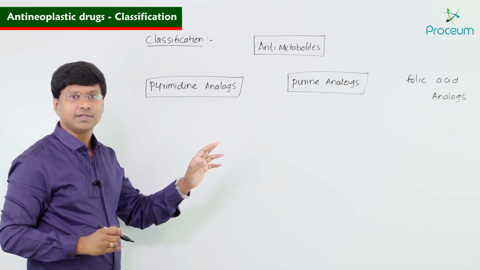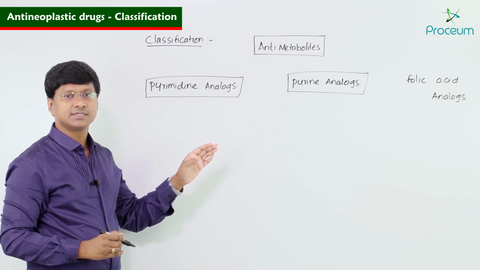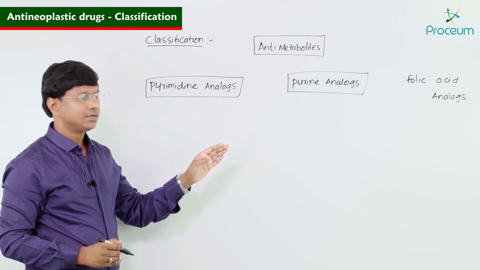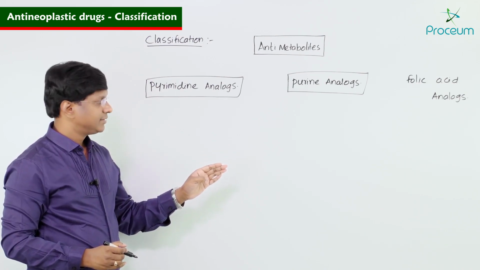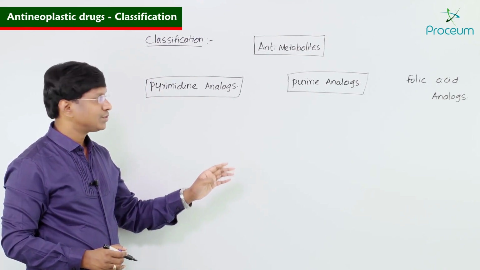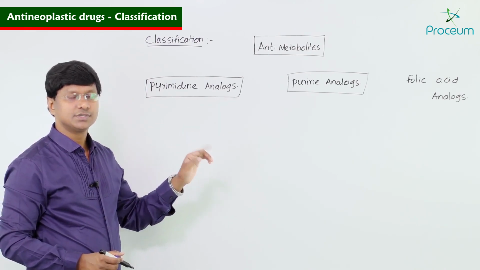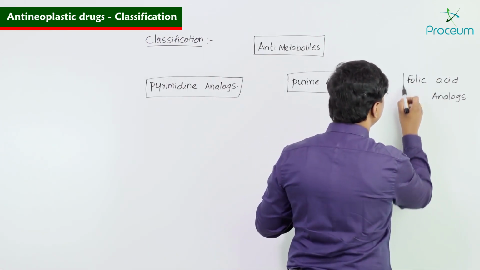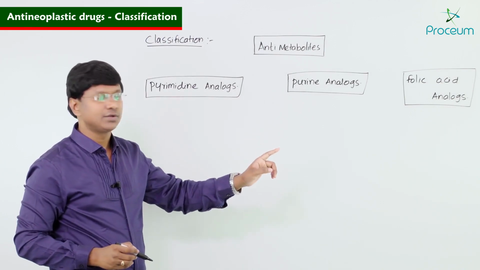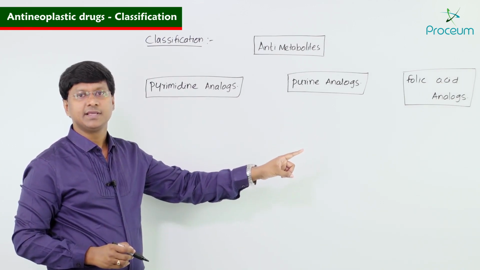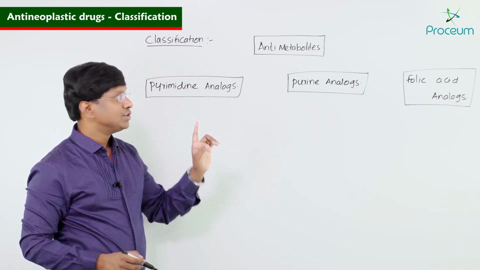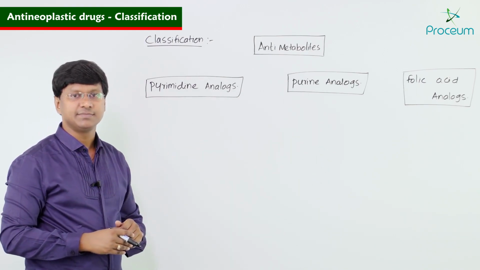They include 6-mercaptopurine, 6-thioguanine, pentostatin, and then cladribine. So these are your purine analogs. Now let me tell you the folic acid analogs. They include methotrexate and pemetrexed. That is your folic acid analogs. So this completes your antimetabolites.